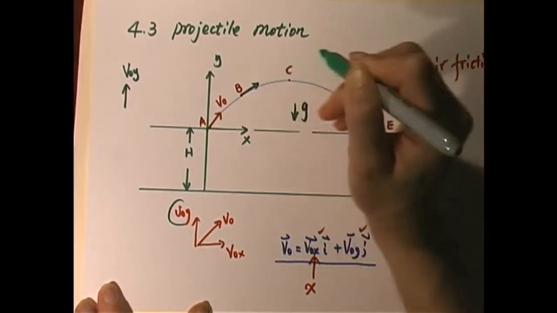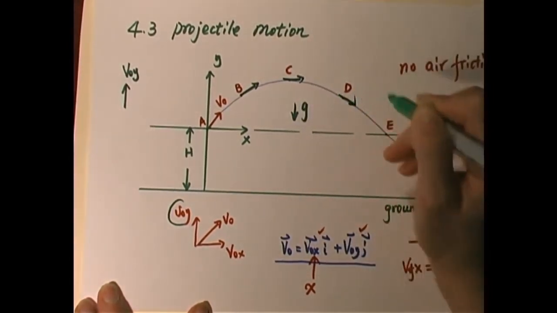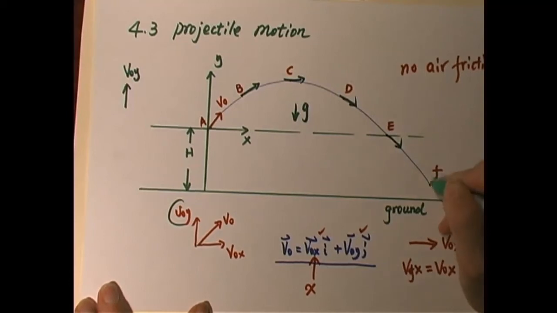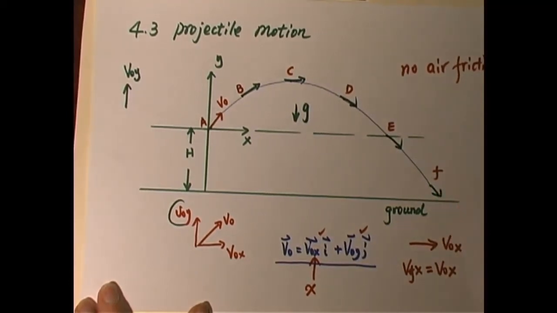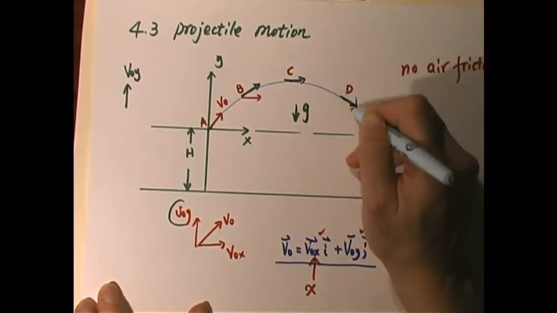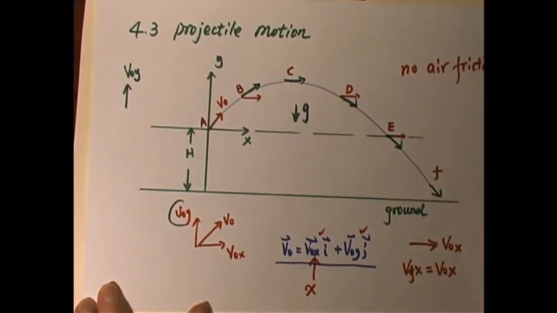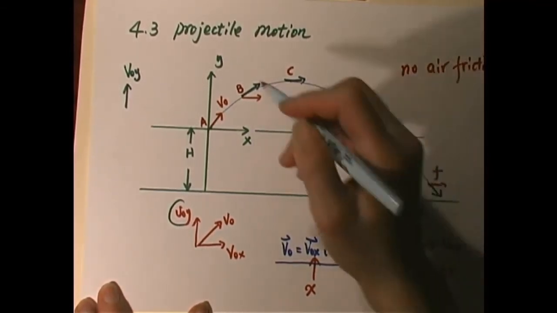If we draw this, it is very interesting that we can see the x component pretty much stays the same. Did you see that? See the lines? However, the y is different.